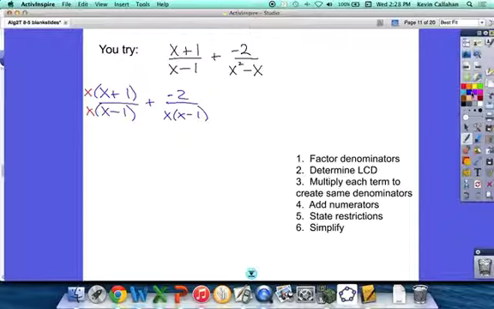You get it? Okay, but now you have to add. What happened to the... Did you multiply the first one by x? Multiply x squared plus x minus 2, which is x plus 2, x minus 1.